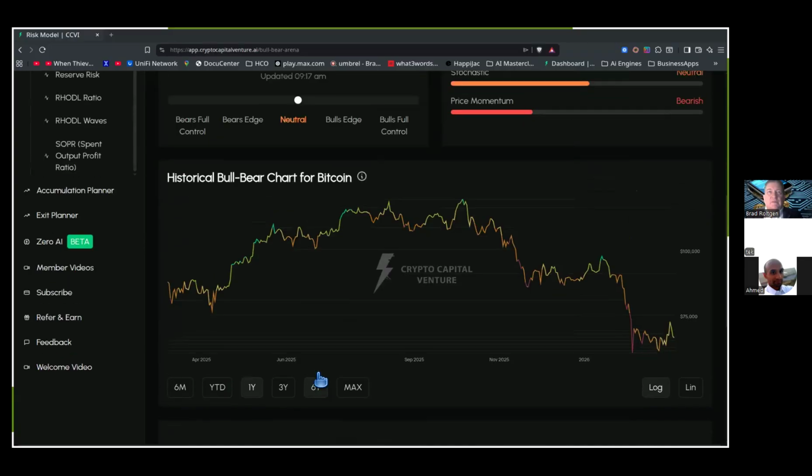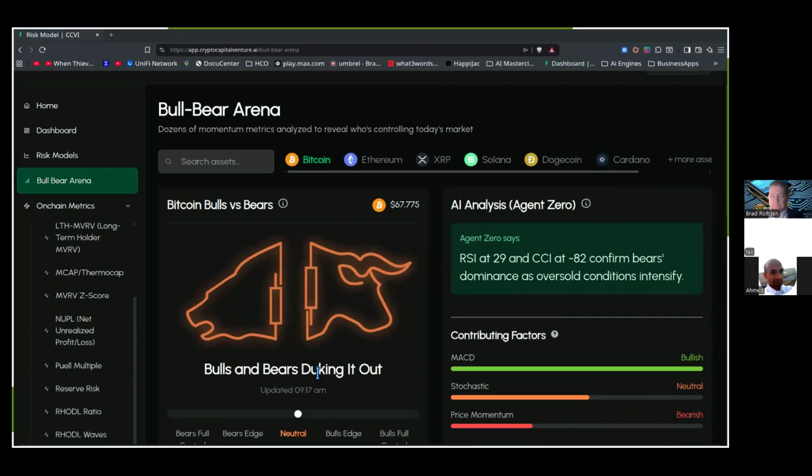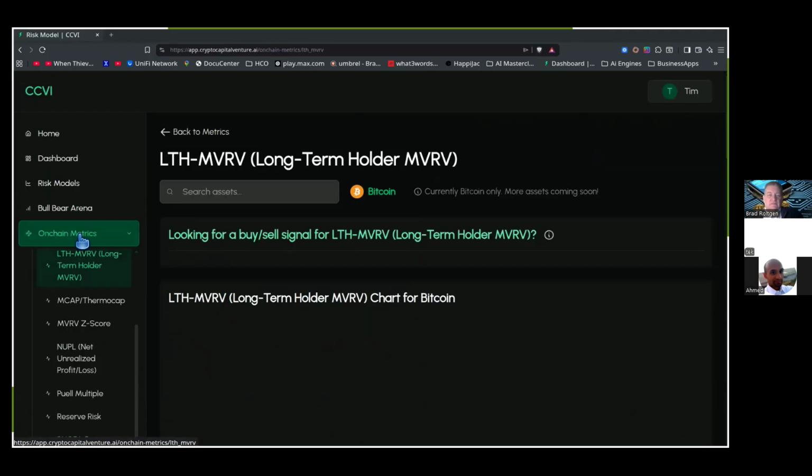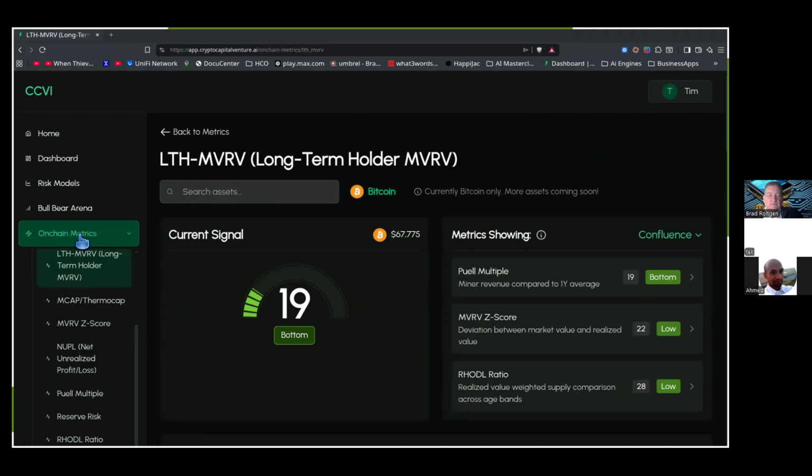Okay, didn't look like it was going down there. And then they update this every day. It's not something that's updated every hour or anything. It's basically done once a day. But they do go through and chart out an awful lot of things.